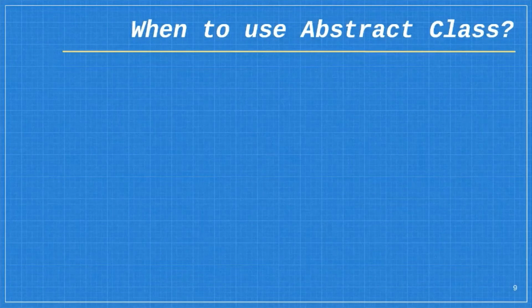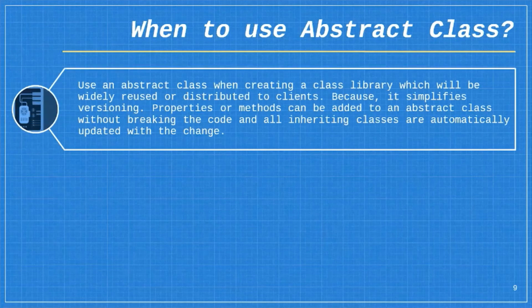So when would you consider using an abstract class? First of all, an abstract class simplifies versioning because one can add new properties, methods, or new members to an abstract class without breaking the existing code.